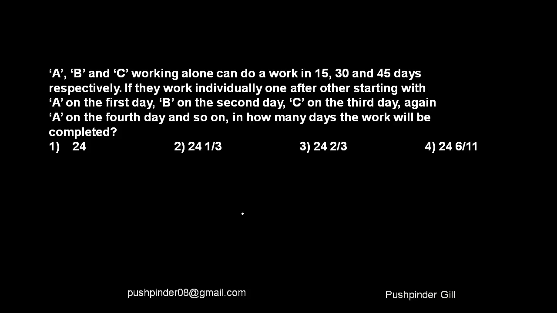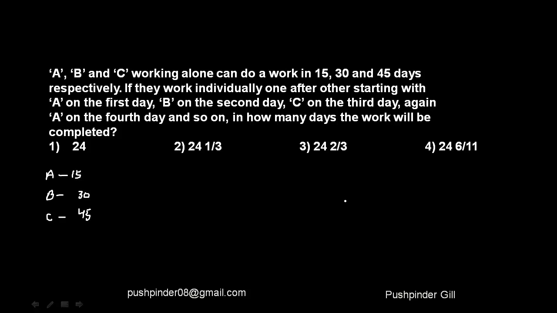Again, A here is able to finish the job in 15 days. B over here is able to finish the same job in 30 days, and C here is able to finish the same job in 45 days.